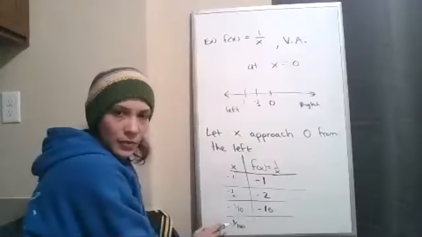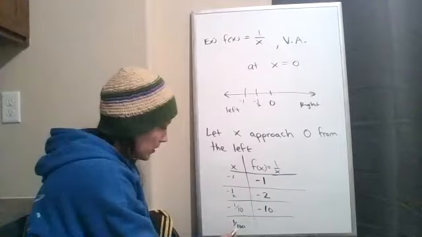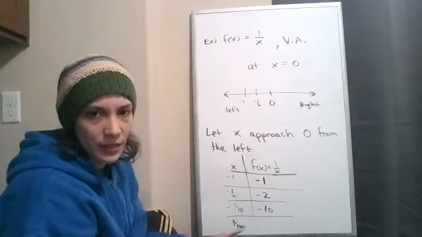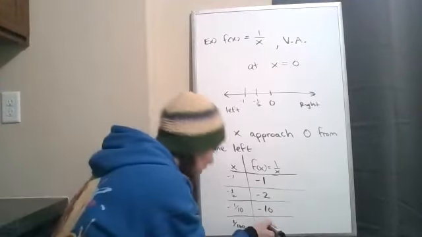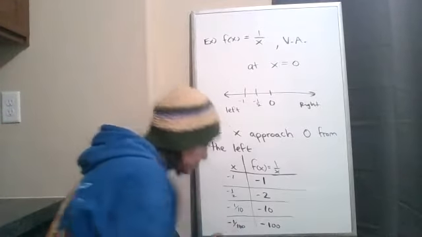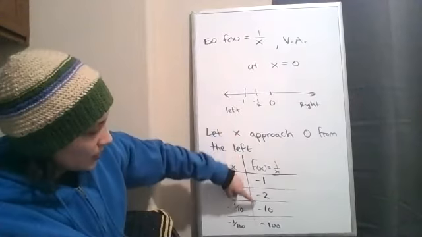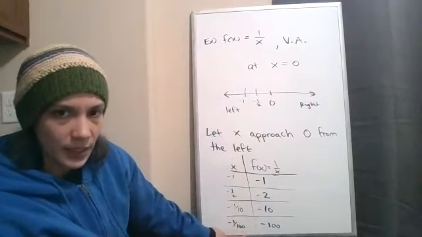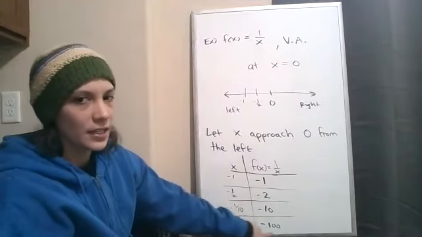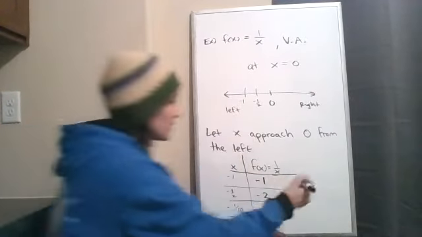Put in -1 over 100, a very, very small negative number, and the output is -100. So we're going -1, -2, -10. If you keep on going and put in -1 over 1000, you'll get -1000 as the output. So it's going to negative infinity.